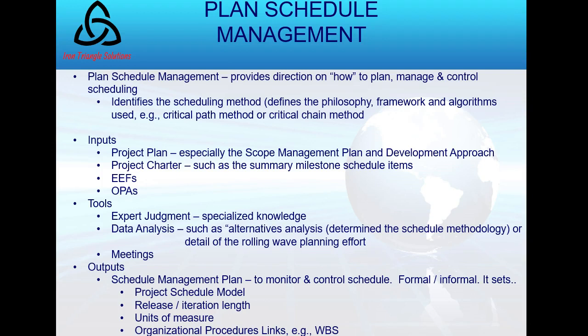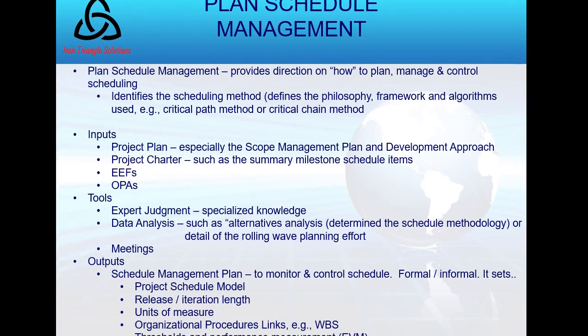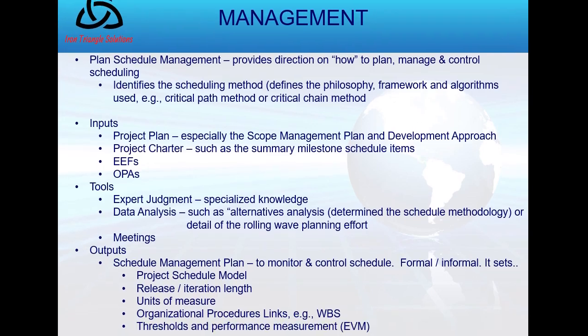What units of measurement am I going to use to measure the project as it progresses? Is it going to be days, weeks, hours? When am I going to release people and parts of the schedule? What is the iterative length? What are my units of measure? What are my links to the organization, like the WBS, etc.?